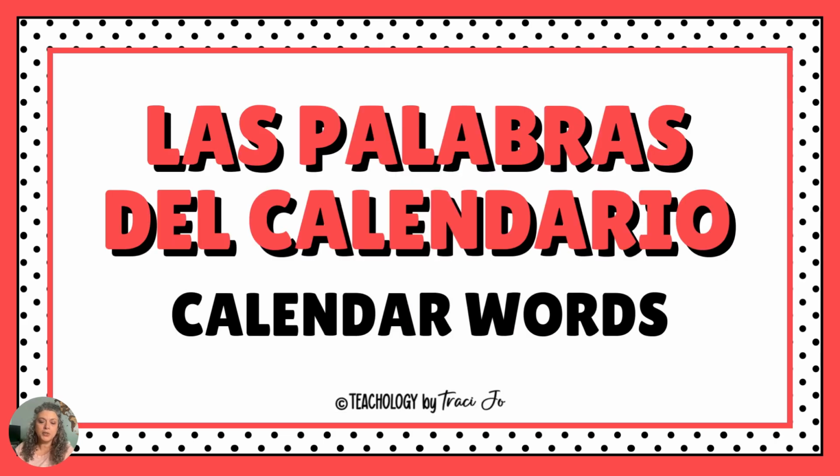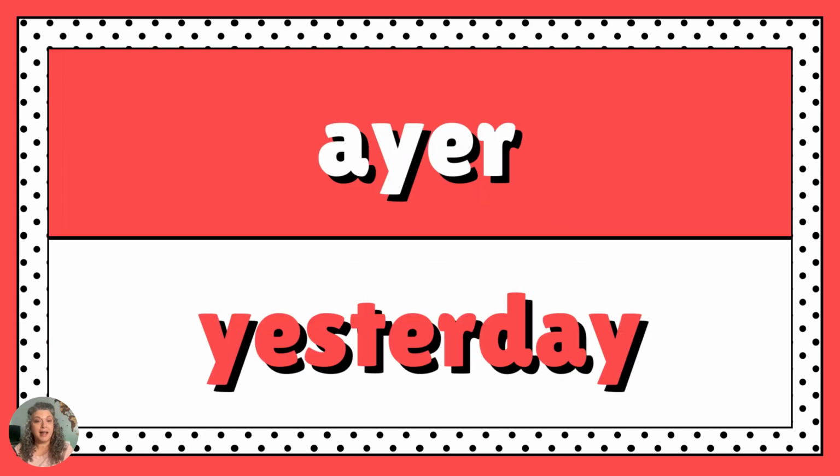All right. And so when you're talking about the calendar, oftentimes there are some words, besides the days of the week and the months of the year, that you will use a lot, such as today and yesterday, tomorrow. So here are a few of those words, las palabras del calendario. So these are just some extra words that are useful when you are talking about the calendar. We have ayer, yesterday.